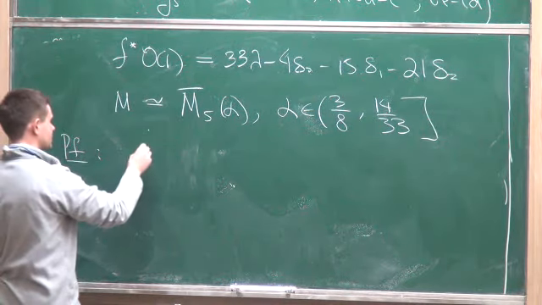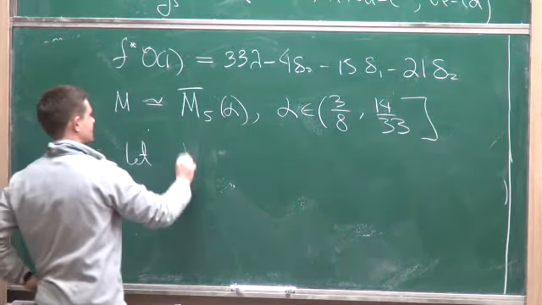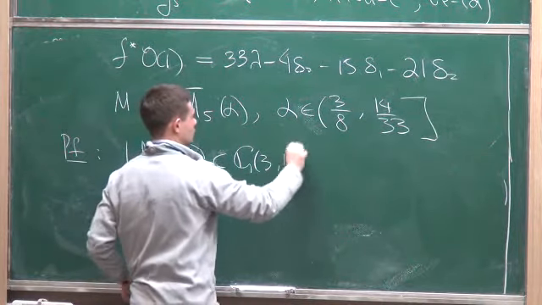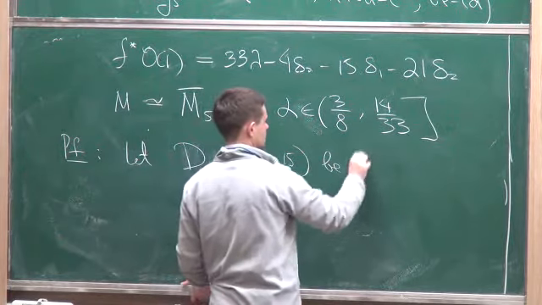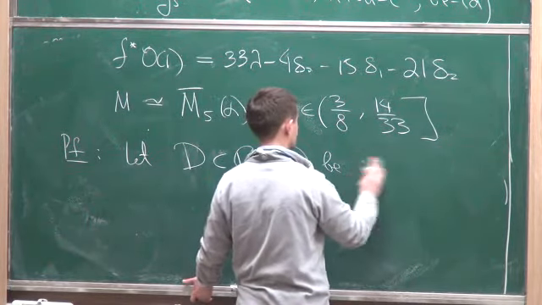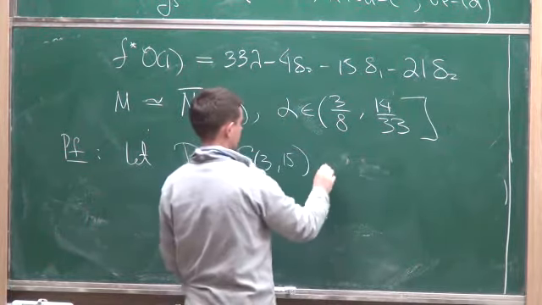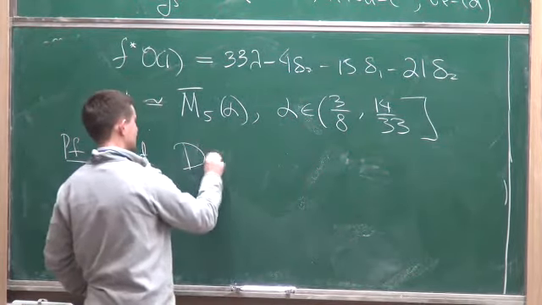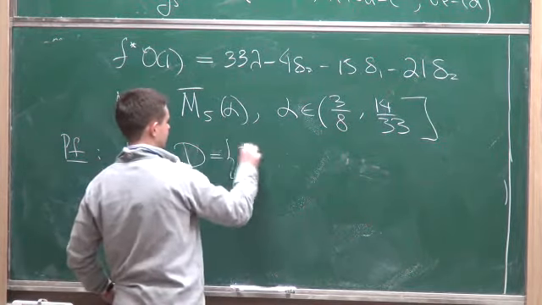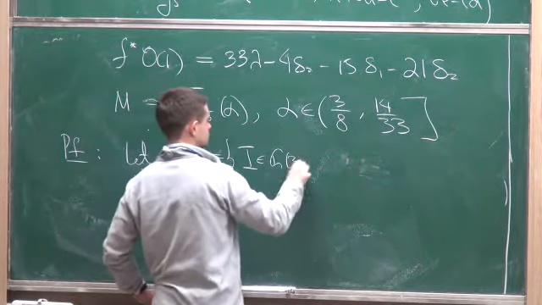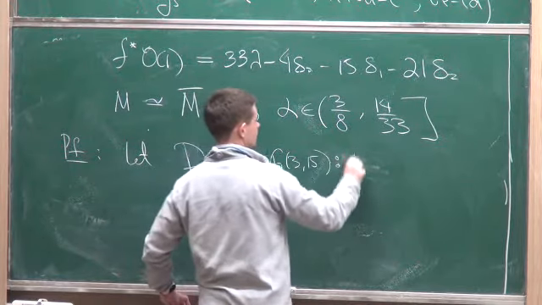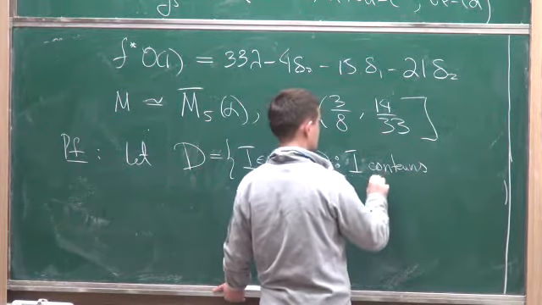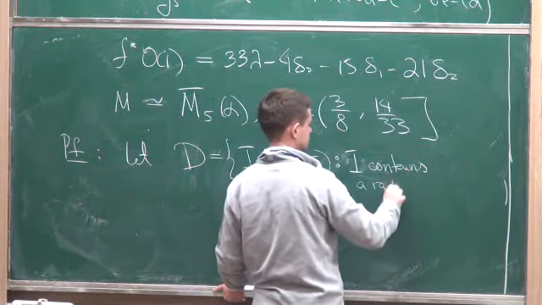Namely, let me start with, let D in the Grassmannian be the, I just write it in symbols. Let D be the set of nets in the Grassmannian such that I contains a rank 3 quadric.